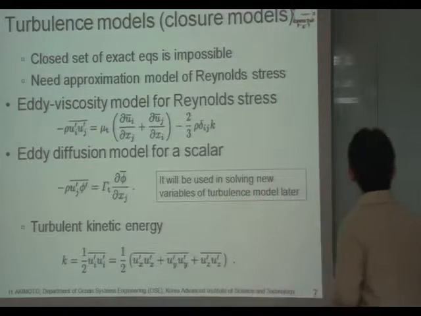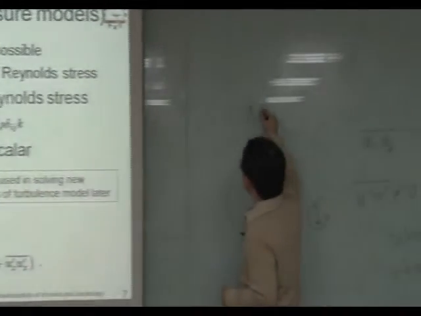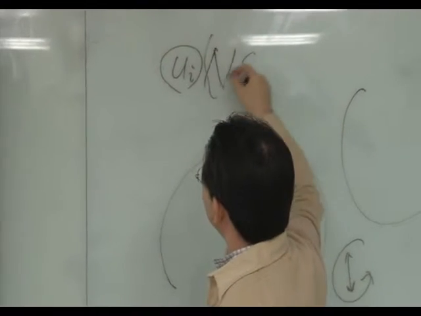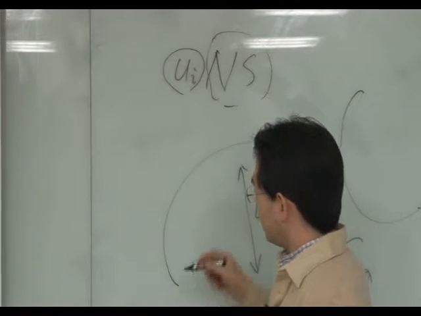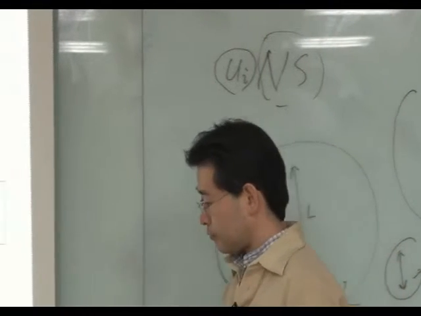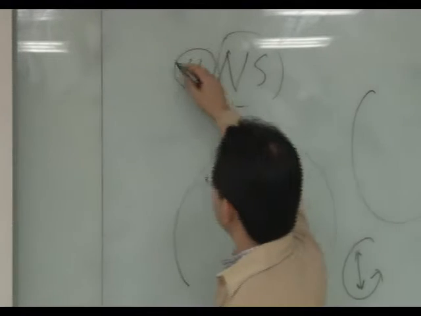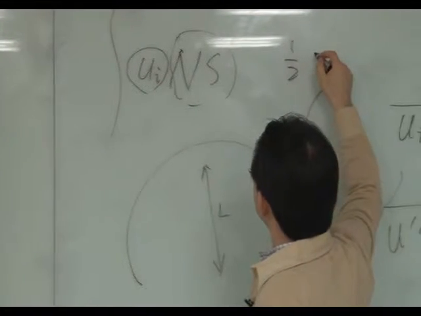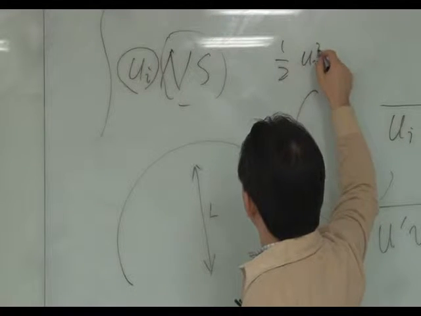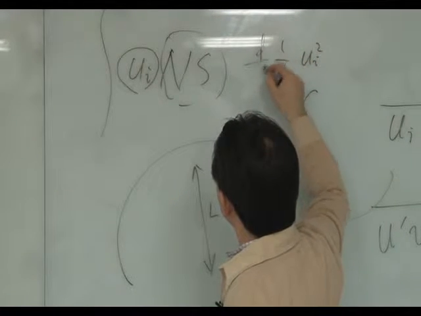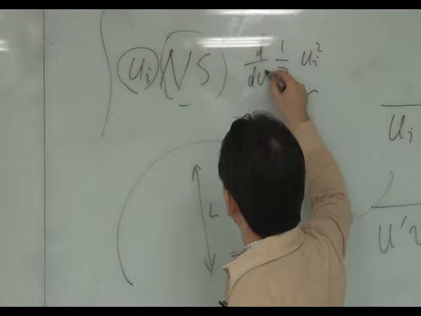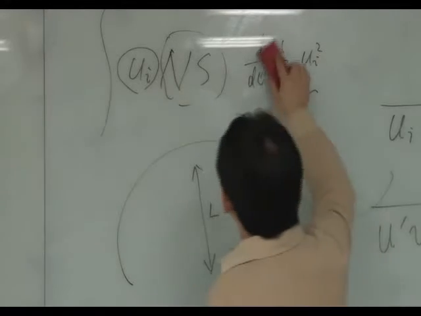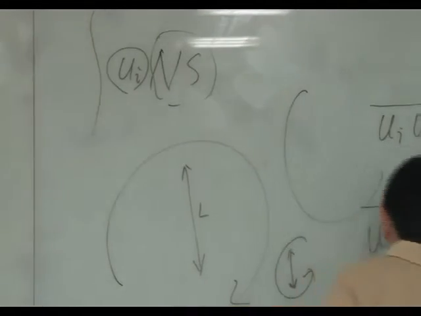It is multiplying the u i component to the original Navier-Stokes equation and integrating.